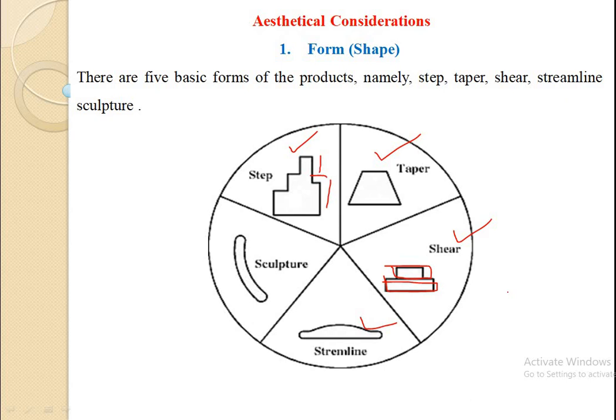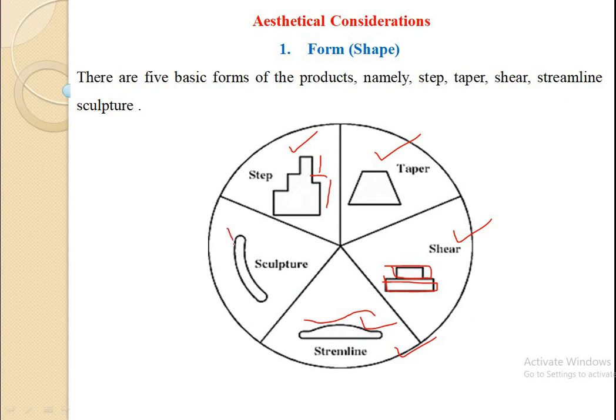The streamlined form has a streamlined shape having smooth flow. This kind of shape we will find in automobiles and aeroplane structures, to have lesser air resistance.